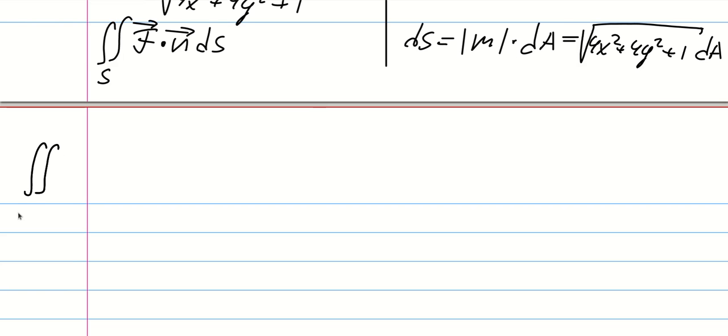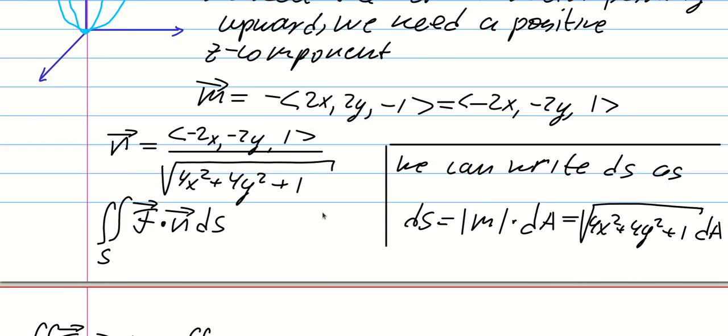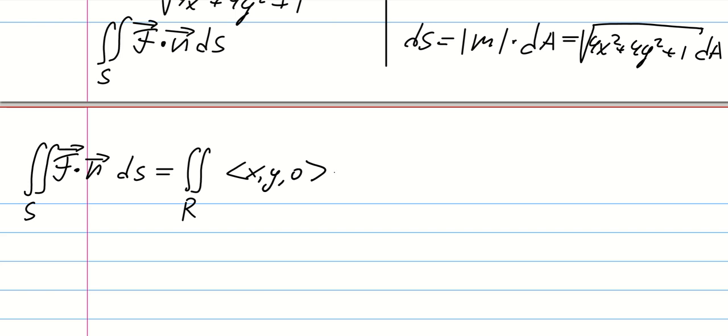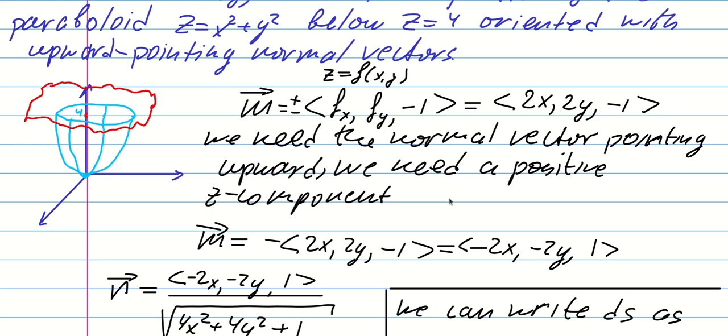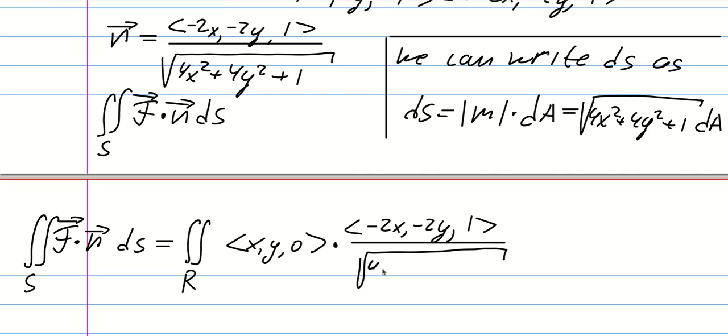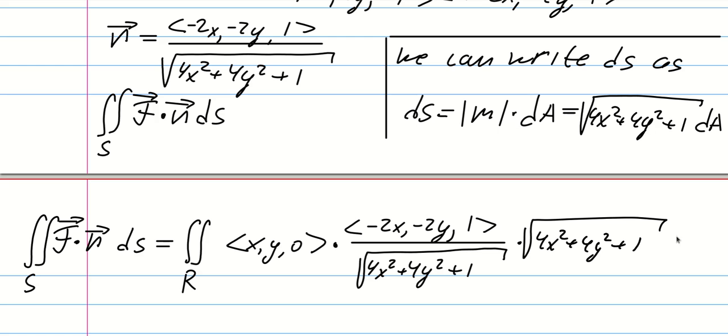And this way we can build our integral over S, which is f dot n dS, which is equal to the integral over the region R, where we have vector f, and our vector f, as you remember, was x, y, and 0, dot the normal vector, which is negative 2x, negative 2y, and 1 divided by the square root of 4x squared plus 4y squared plus 1, times the square root of 4x squared plus 4y squared plus 1 dA.